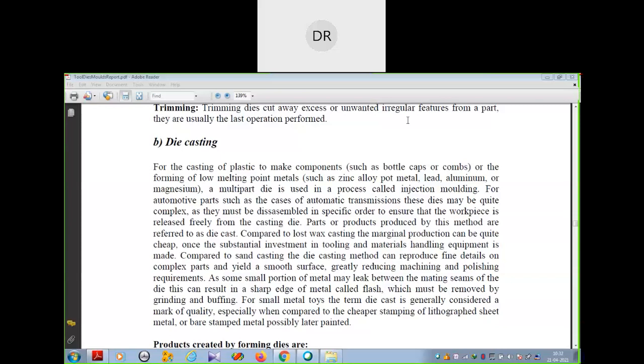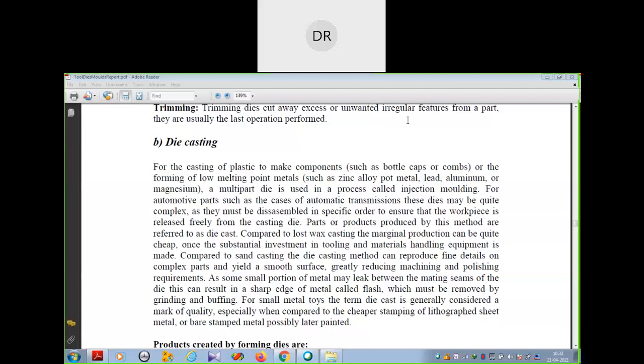That means it can produce both plastic components and low melting point metals. This multi part die is used for this type of process. It is done in another process called injection molding, where these products can be prepared using this multiple part die.